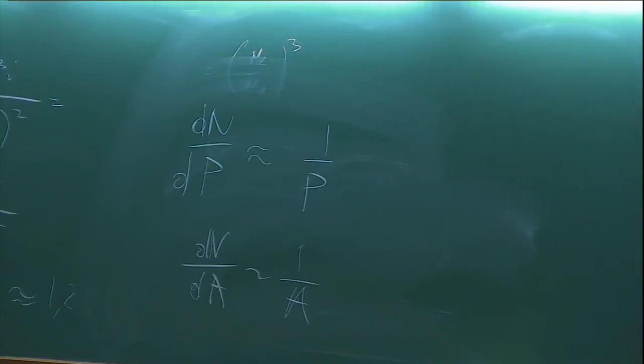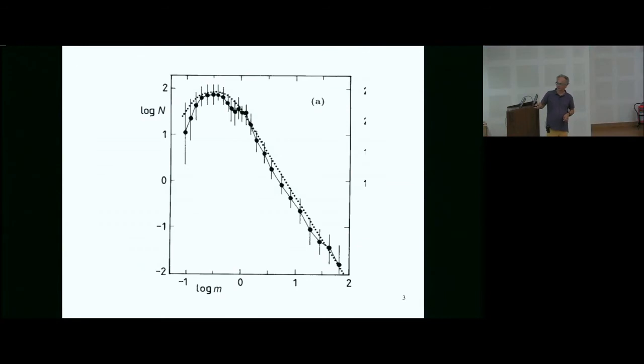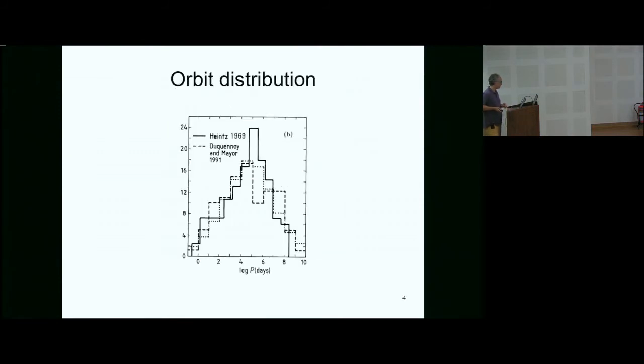So that's the initial mass function for single stars, which falls very quickly for high masses, and then for the orbits, this is the number.